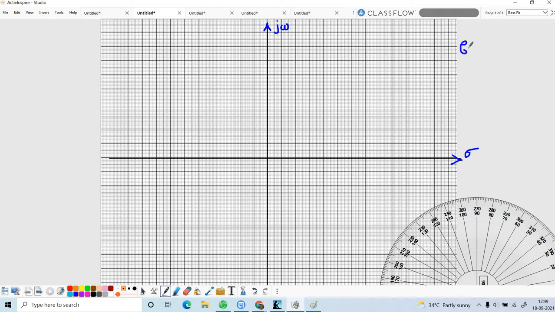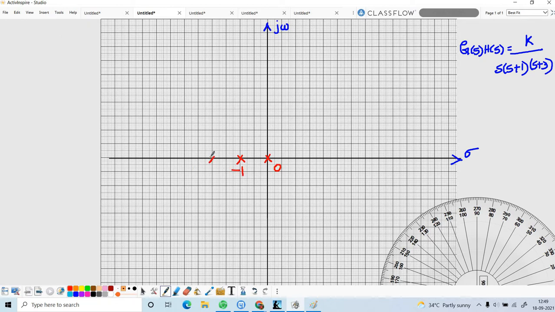The transfer function given is G(s)H(s) = K / (s(s+1)(s+3)). First, I am going to mark the poles. The first pole is 0. The second pole is -1.